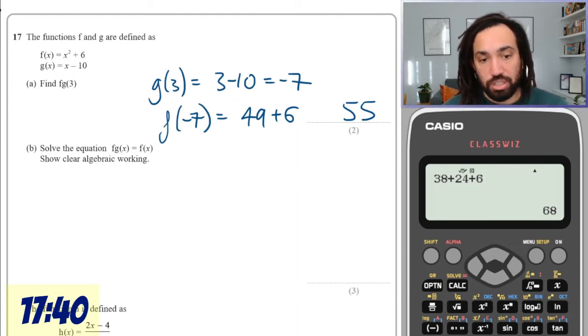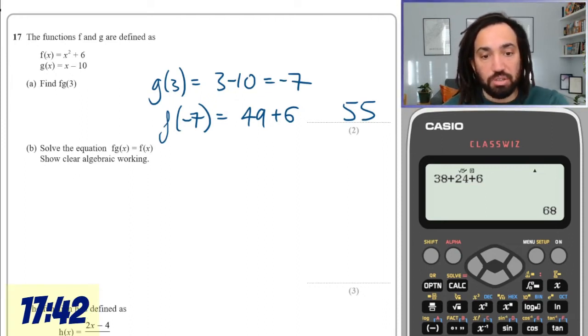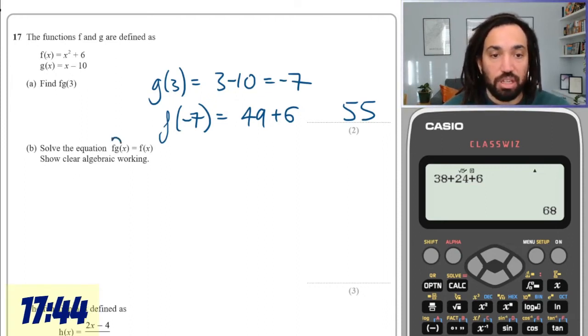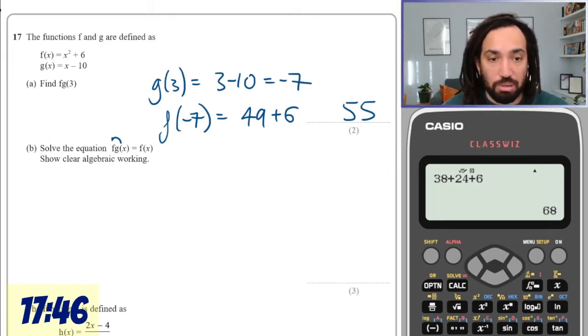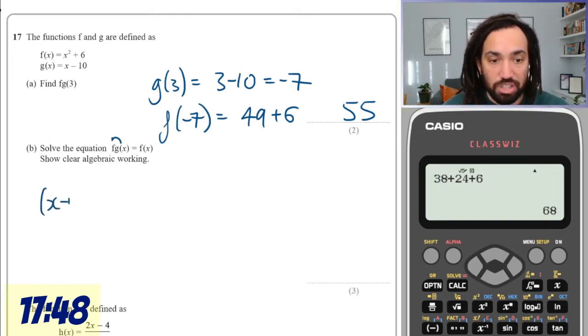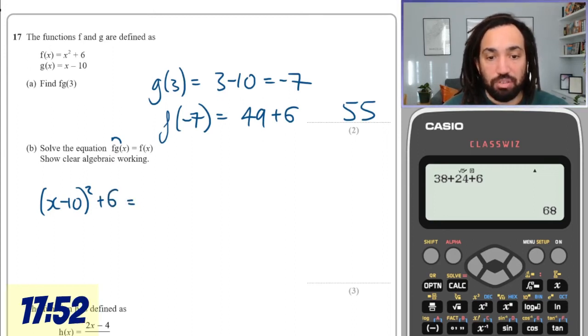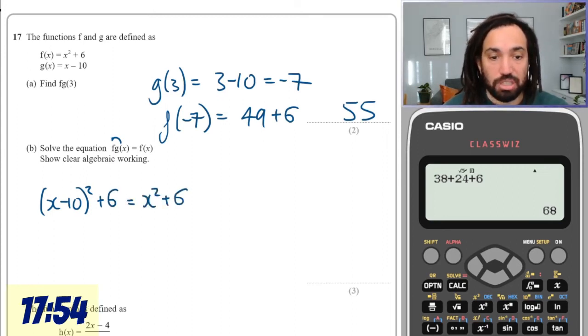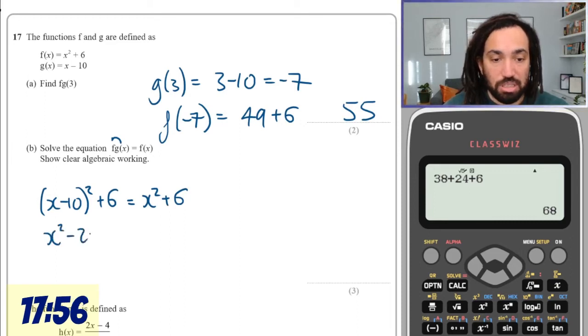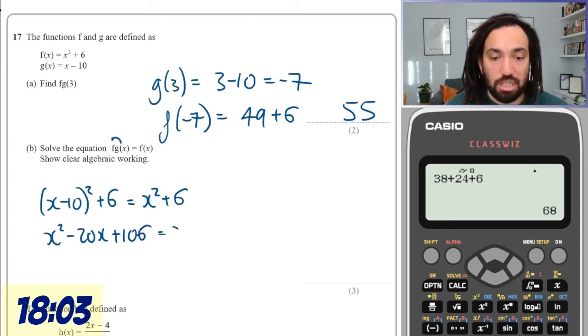Solve the equation. Okay, so I've got to put g into f. So I'm going to write f out, but I'm going to replace the x with the g. And that's equal to f of x, which looks like that. I'm going to expand this out, and plus 6 is going to give me 106, which is equal to x squared plus 6.